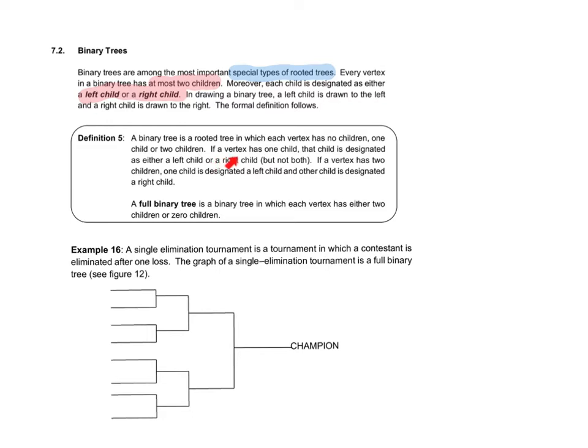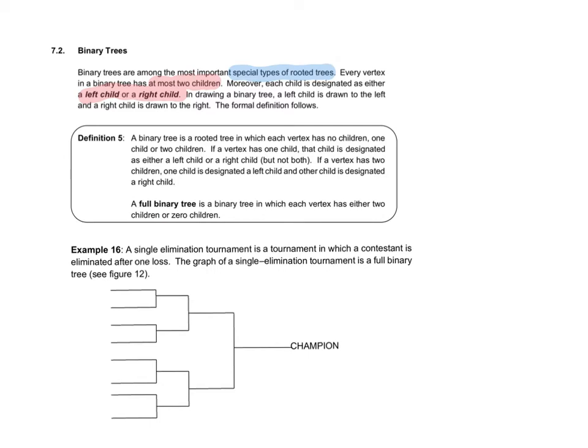If a vertex has 1 child, that child is designated either left child or right child, but not both. If a vertex has 2 children, one child is designated as left child and the other child is designated as right child.